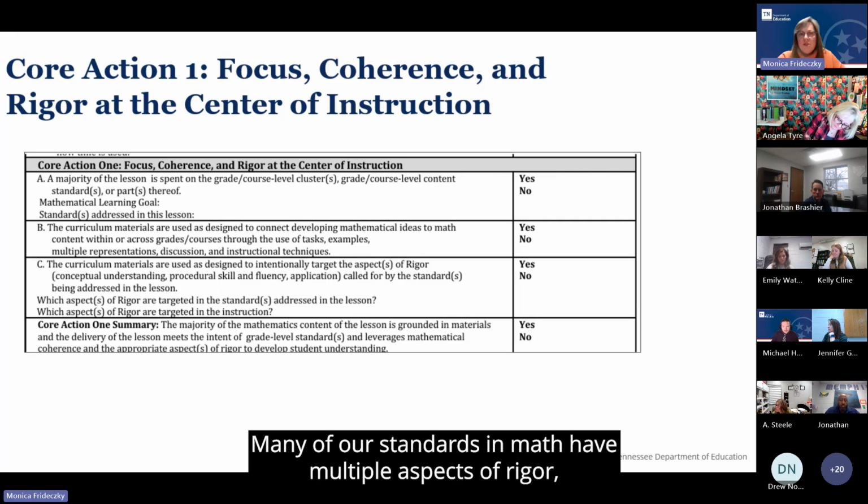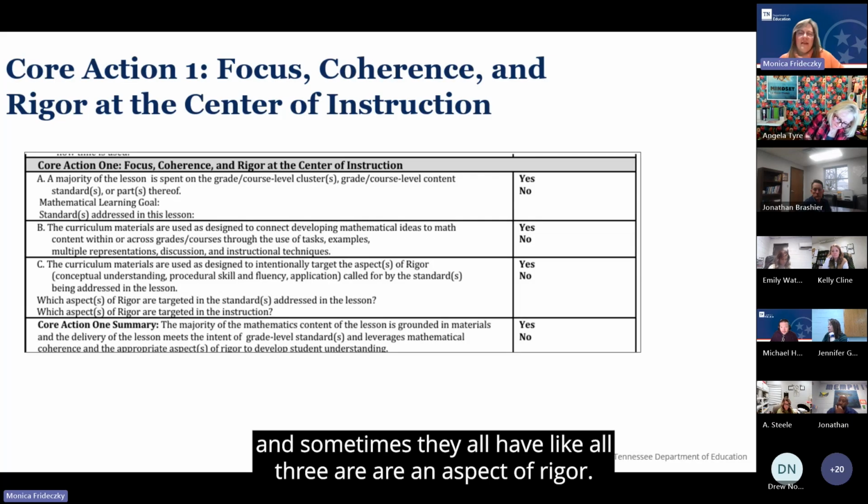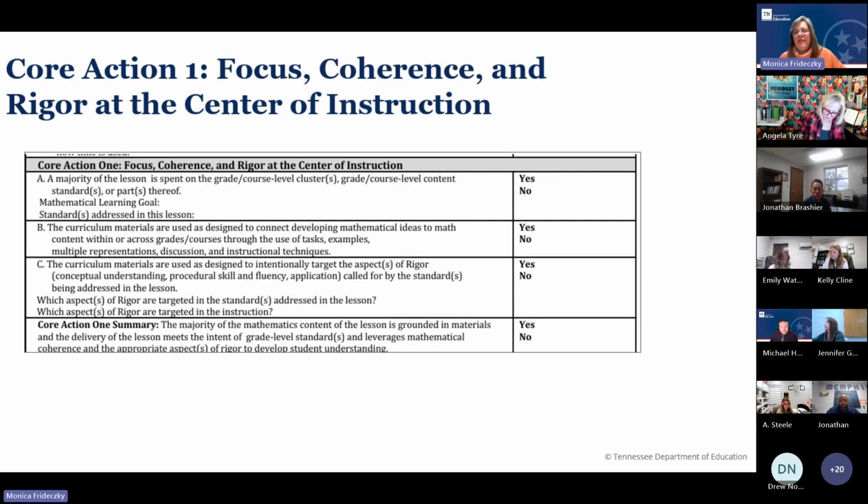Many of our standards in math have multiple aspects of rigor, and sometimes all 3 are an aspect of rigor. You can't be doing all 3 at the same time, but they are in service of each other.